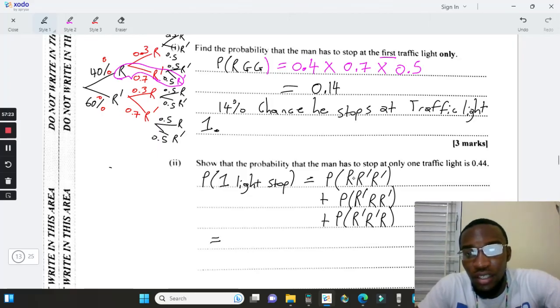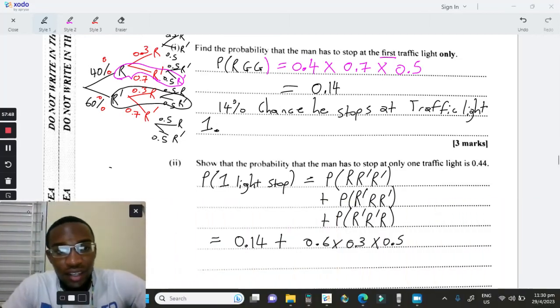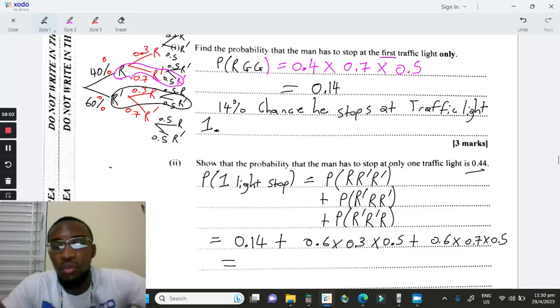The first one we already worked out was 0.14, plus the second one, not red, then red, then not red, which would be 0.6 times 0.3 times 0.5. Then finally, the last one would be plus, not red, not red, then red, which is 0.6 times 0.7 times 0.5. Now put all of that in the calculator and it should give us 0.44.